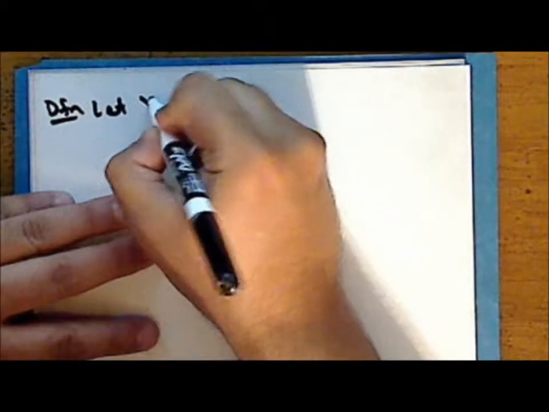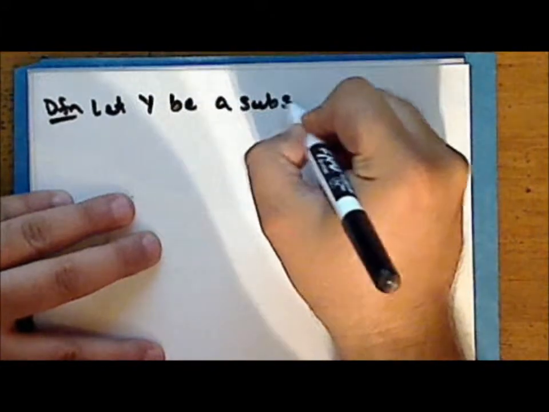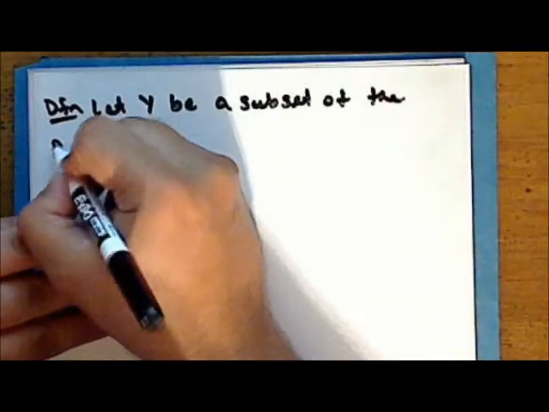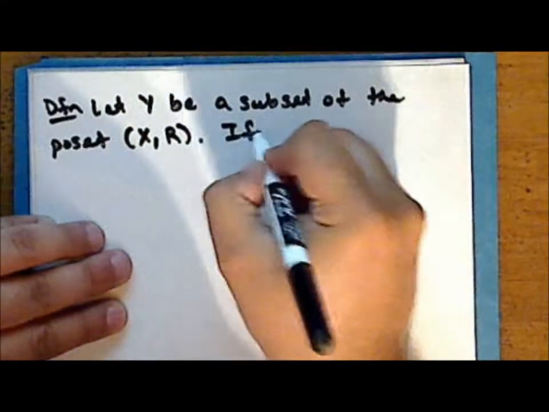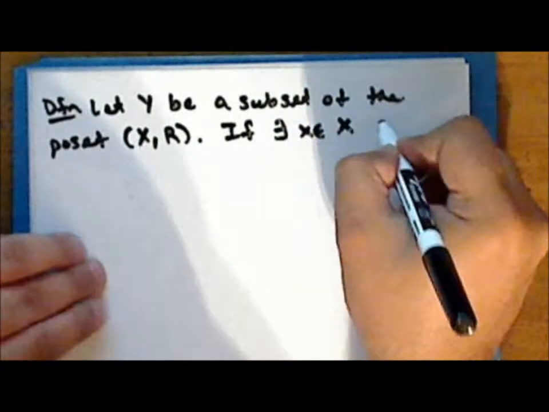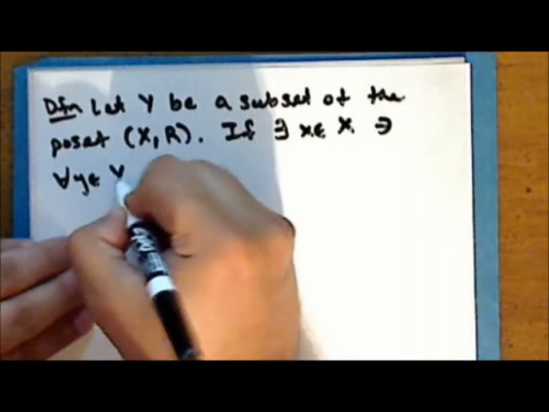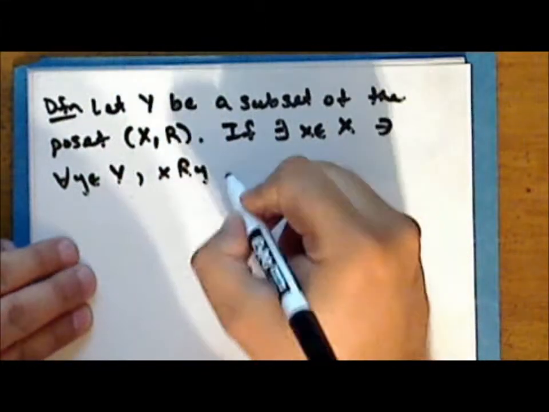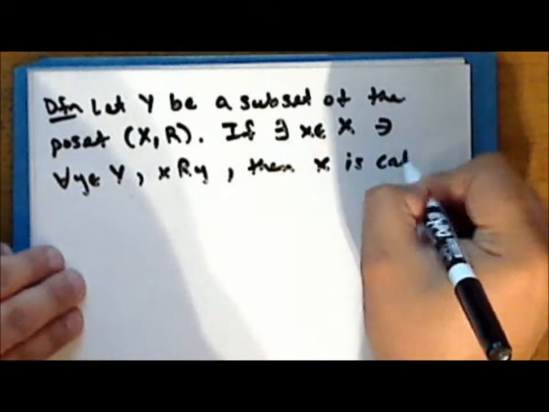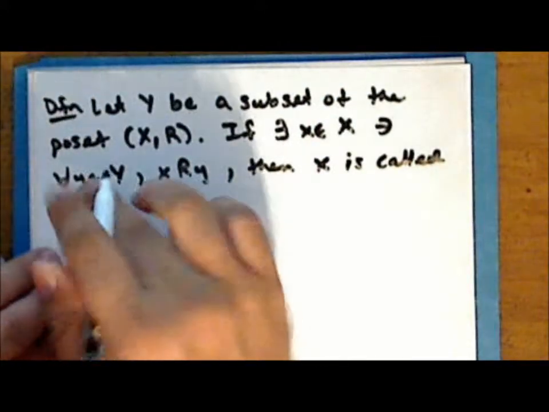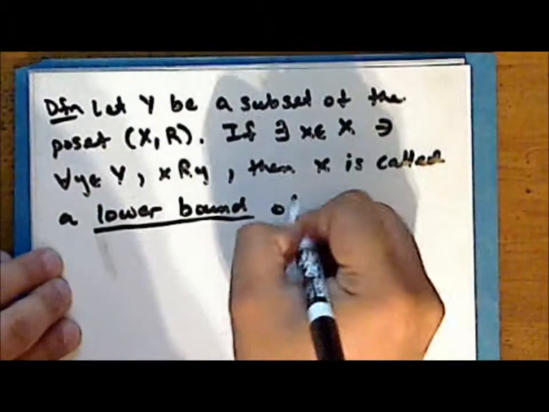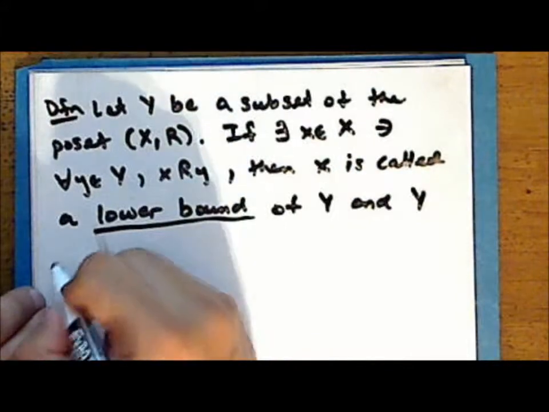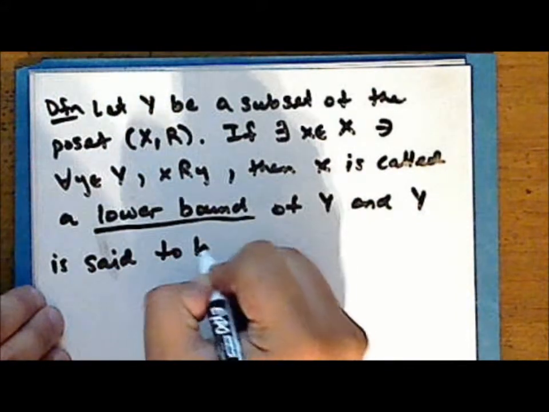Okay, so new definition. Again, let the set Y be a subset of the poset consisting of the set X with the relation R. If there exists an element x in the superset X such that for every element y in the set Y, x is related to y, then the element x is called a lower bound of the set Y, and the set Y is said to be bounded below.